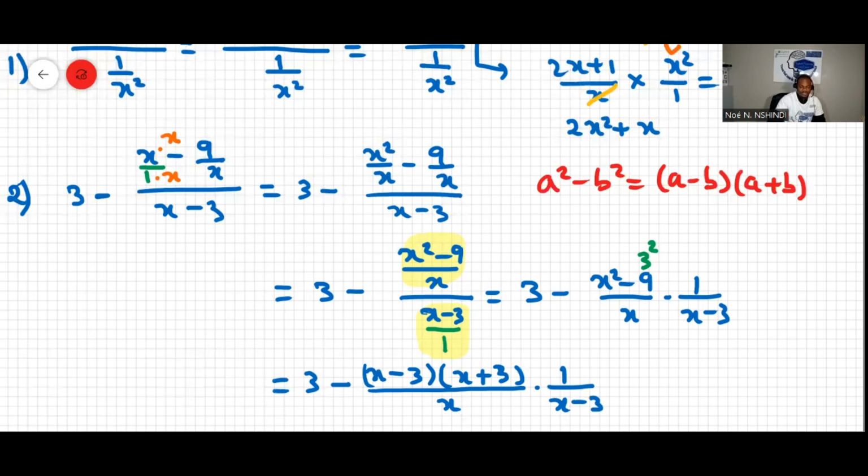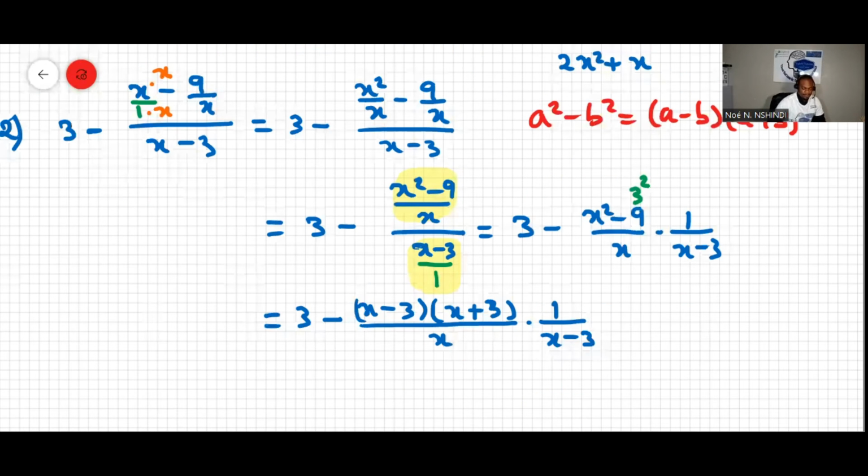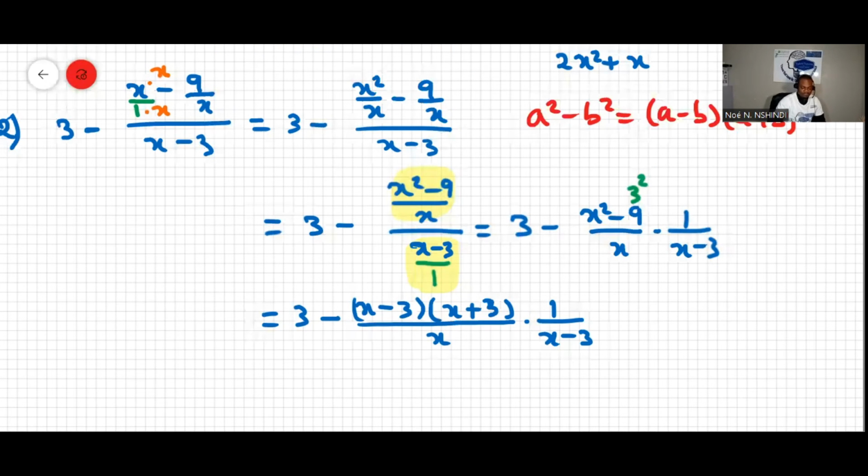Now, this part here is a product. When we multiply fractions, we don't find a common denominator. We can just simplify x minus 3 and x minus 3 there.